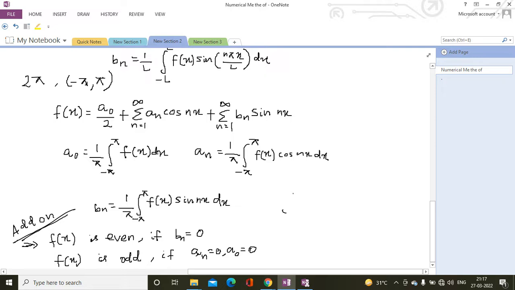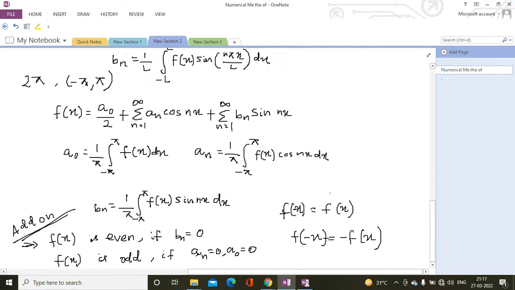What is an even function and what is an odd function? If f of minus x is f of x, this is an even function, and if f of minus x is minus f of x, this is an odd function.